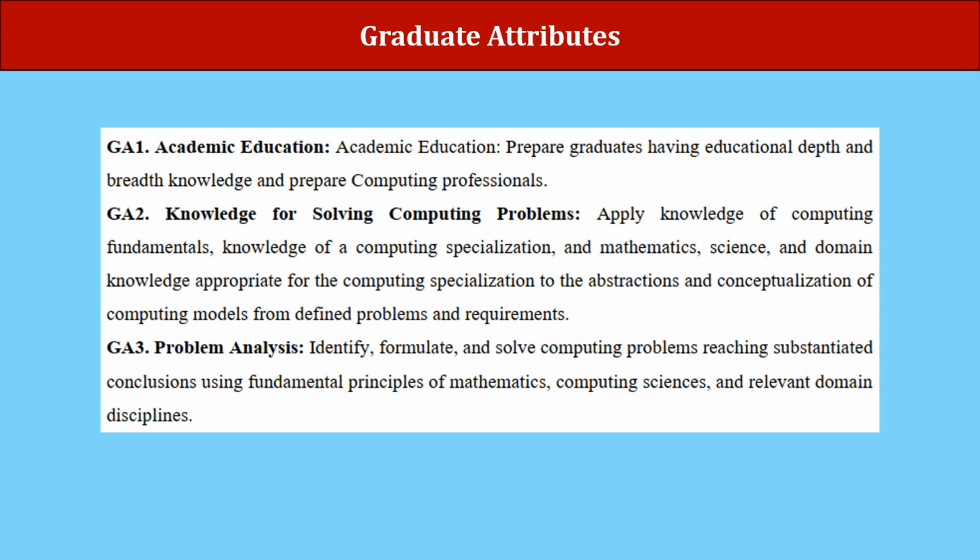Graduate attributes. Academic education is GA1. Equip graduates with comprehensive knowledge to become skilled computing professionals. Second is knowledge for solving computing problems. GA2 applies computing fundamentals, specialized knowledge and relevant sciences to model and solve computing problems.